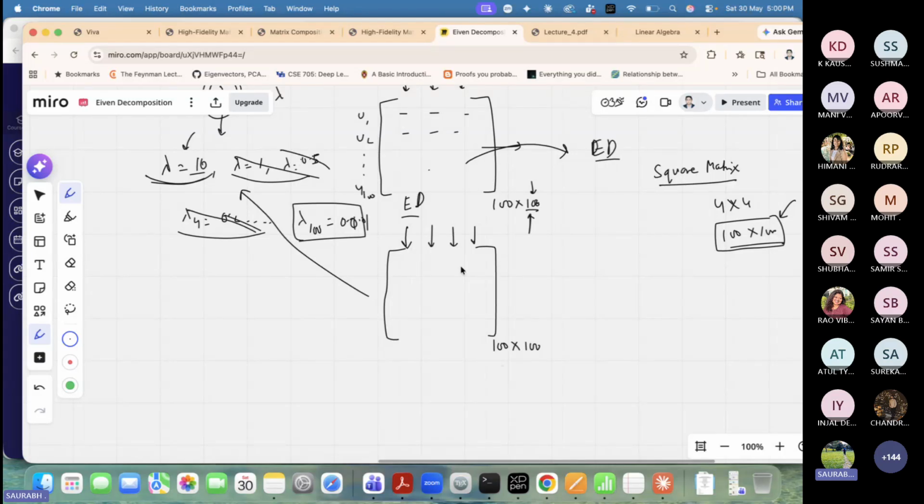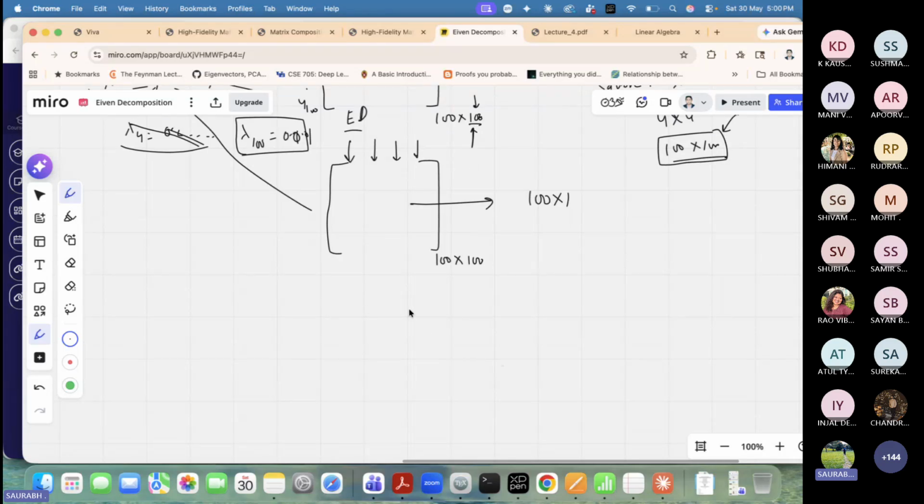So in this particular case, you could melt this matrix to just 100 cross 1. In other words, let's say that you have three different users, user 1, user 2, user 3, and you are computing their age, experience, and salary. Someone with 30 years of age, experience of 10 years, salary of 35 lakhs.